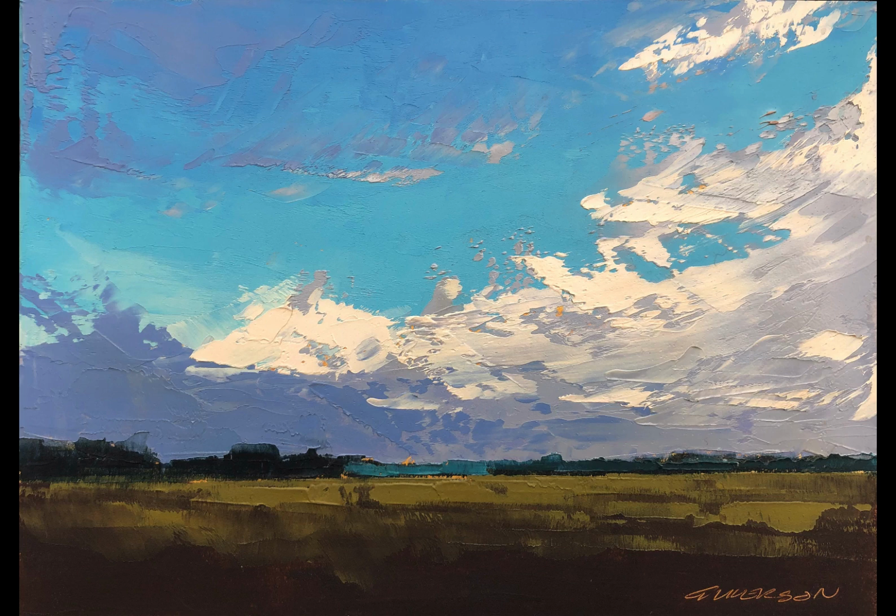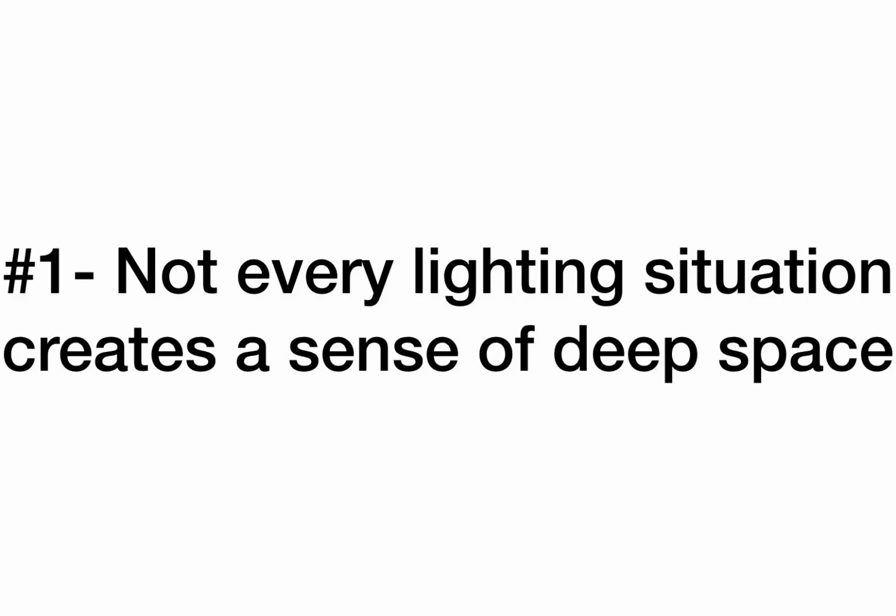So let me say that again. Your eyes don't lie, but the paper doesn't always apply. So I see two main problems with the way that most people explain the effects of atmospheric perspective on color. To begin with, it's important to understand right up front, you only get the illusion of deep space when you're looking away from the light source, especially if it's a strong light source.